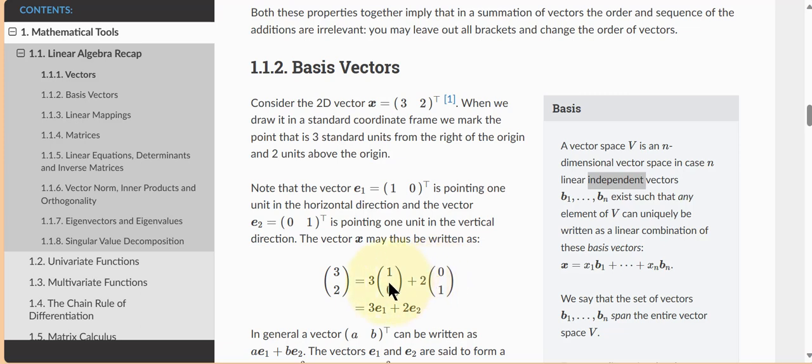But if we want to talk about three vectors being linearly independent, we would say that, say, the first one cannot be written as a linear combination of the other vectors. That's what we mean by a linearly independent set of vectors.